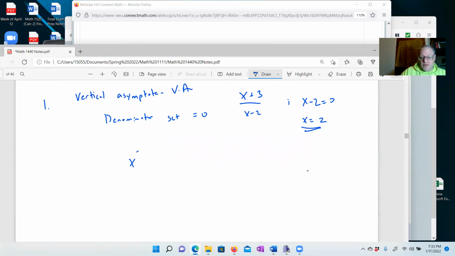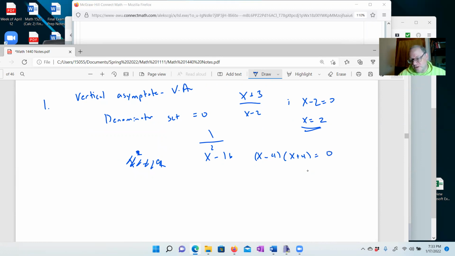What if we had x cubed, or I'm sorry, x squared minus 9 on the bottom? Or let's do an x squared minus 16. If we had this as a fraction, we'd have x minus 4, x plus 4 equals 0.